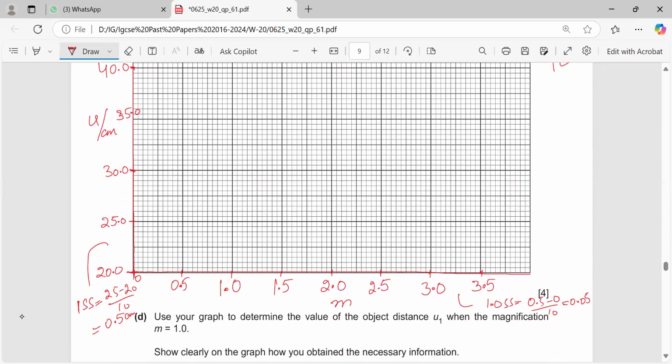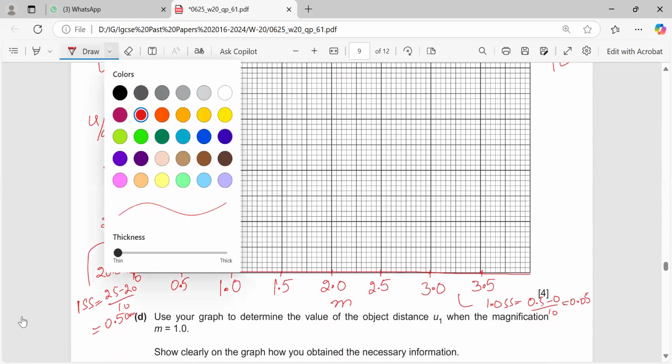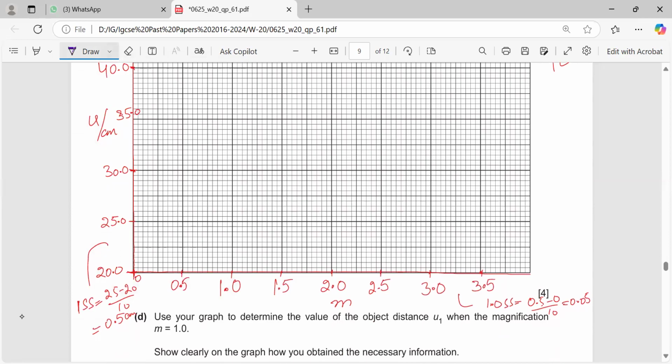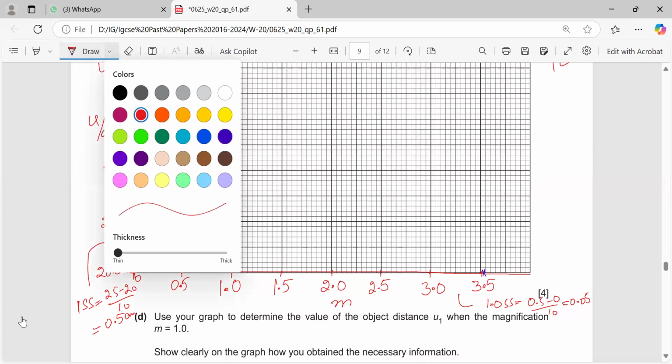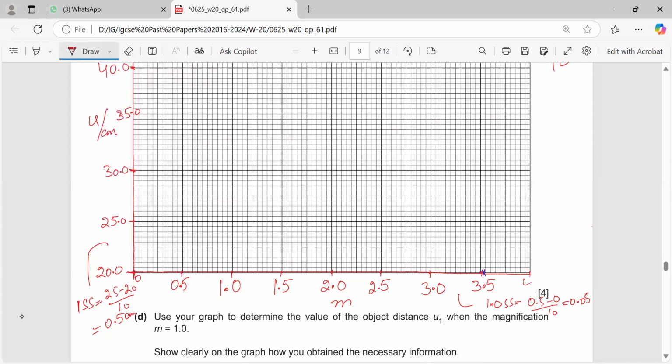See, U is 20 here. Now I will be using another color, like this blue. U is 20, 3.54. See, this is 3.5, and 3.54 is just after 3.5. I did not notice at that moment, so you should also write it as 4.0. Anyhow, our first point is like this.